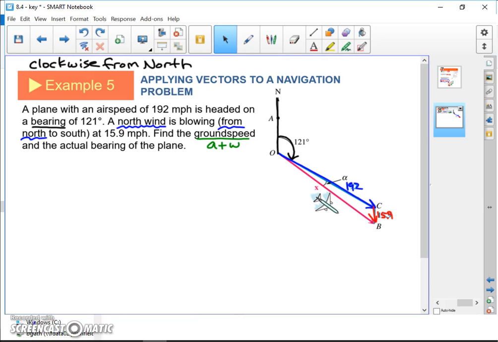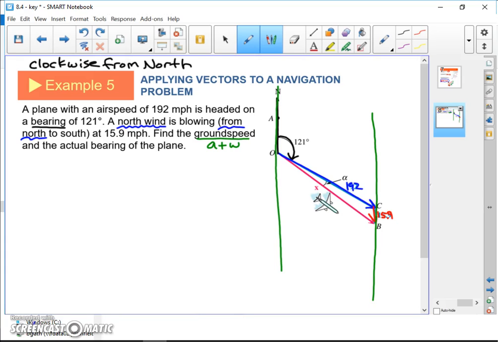So when we look at this picture, it's really difficult to see what we're going to do. However, you need a firm grasp of geometry. So notice this north-south line, and notice this north-south line right here. Those two lines are parallel. And we know a lot of things about parallel lines from geometry class two years ago, but we have to be able to remember. So notice the blue vector line.